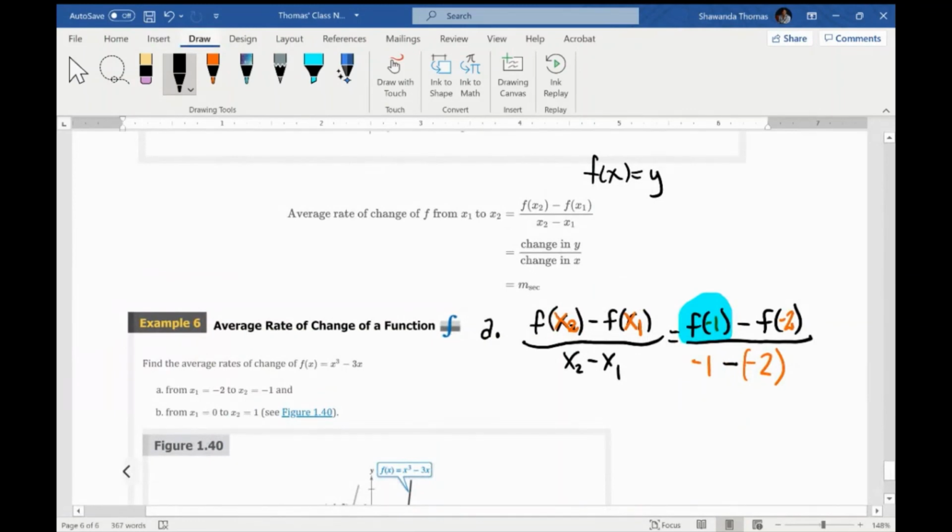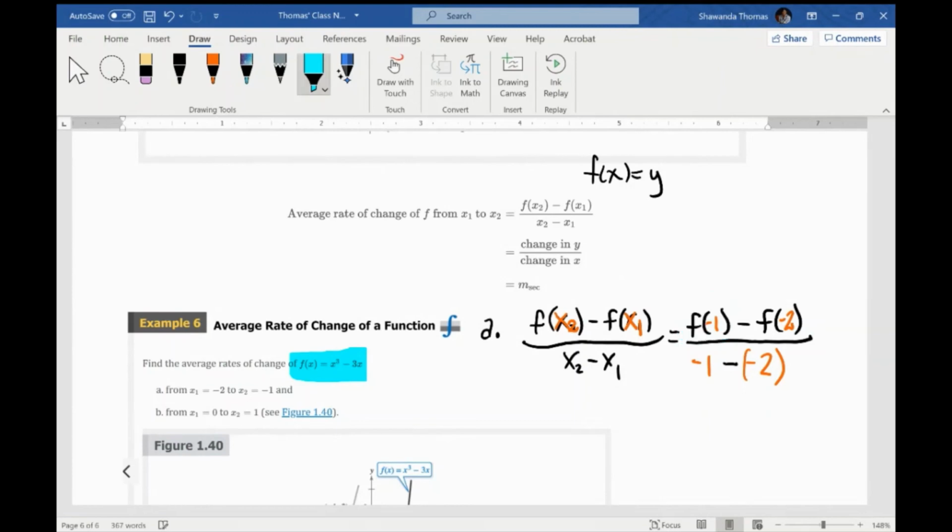The function they gave us in the problem is f of x equals x cubed minus 3x. So what we have to do is evaluate the function at -1. This is what you've been doing since day 2 of class. So first, what is f of -1?